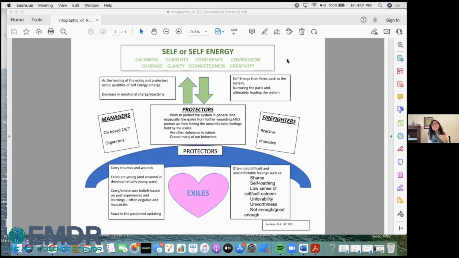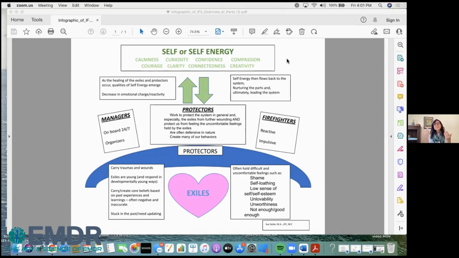And so I love this diagram, because this is one person here. We're looking at this picture and there's all of this going on in one person. And so when you have a therapist and a client in the room, you've got two of these with all the many parts.